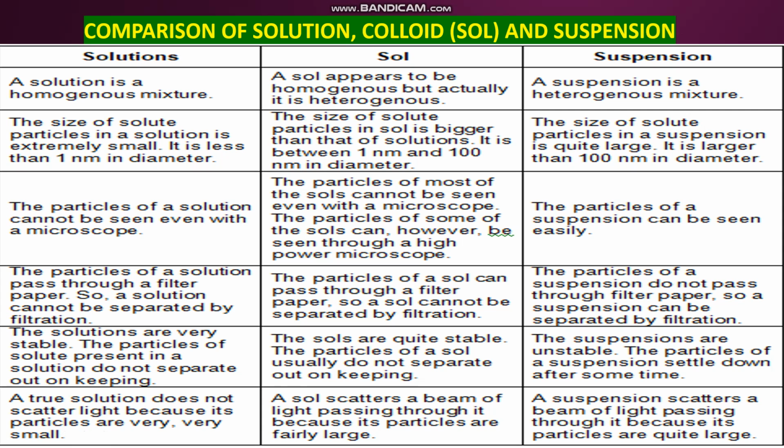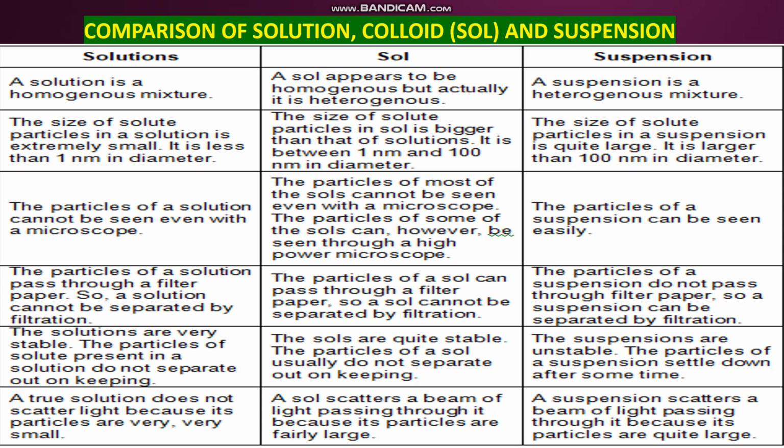Next, let us see the Tyndall effect. That means scattering of light. A true solution does not scatter light because its particles are very, very small. A sol scatters a beam of light passing through it because its particles are fairly large. A suspension scatters a beam of light passing through it because its particles are quite large.